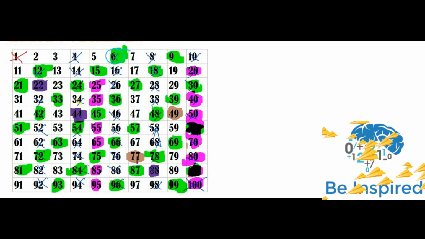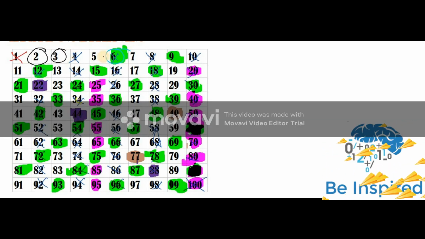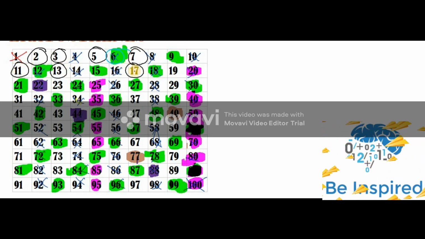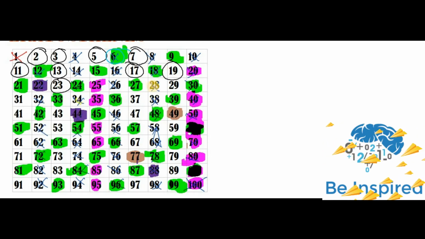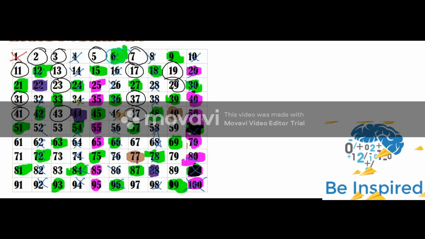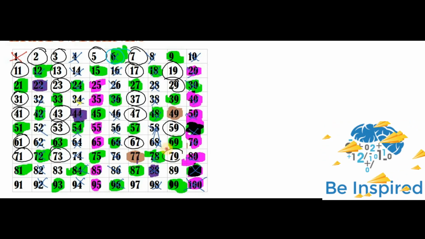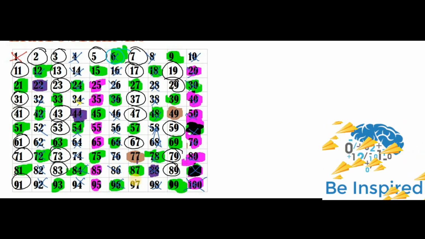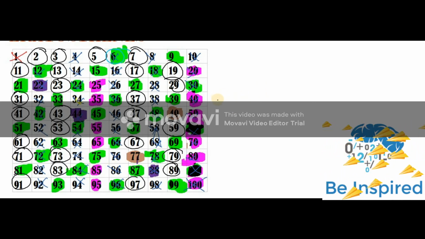Now we are going to highlight the numbers which are left. 2, 3, 5, 7, 11, 13, 17, 19, 23, 29, 31, 37, 41, 43, 47, 53, 59, 61, 67, 71, 73, 79, 83, 89, 91, 97. So these are the numbers left.